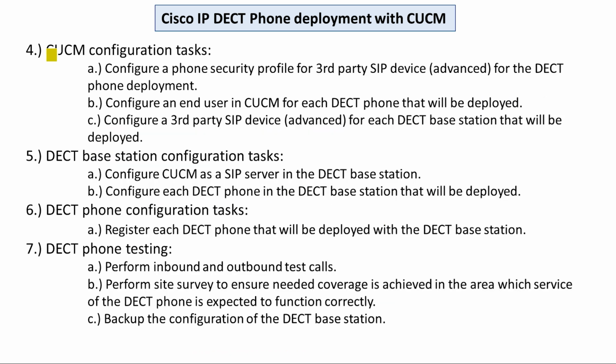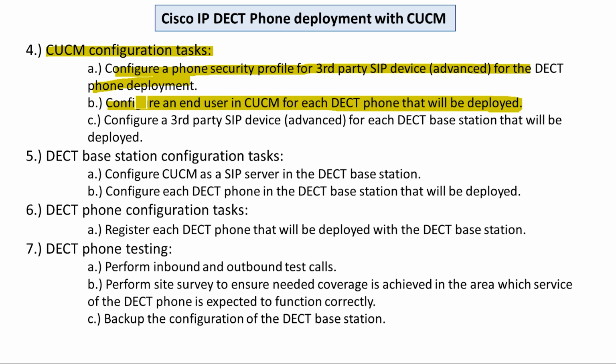Step number 4, we're going to focus on CUCM configuration tasks. We're going to configure a phone security profile for third-party SIP device advanced for the DECT phone deployment. Configure an end user in CUCM for each phone that will be deployed.